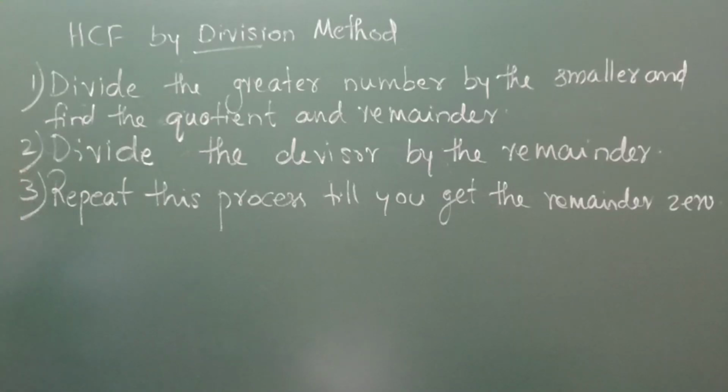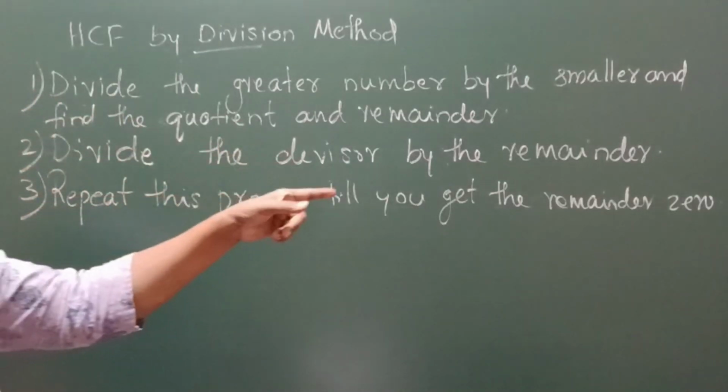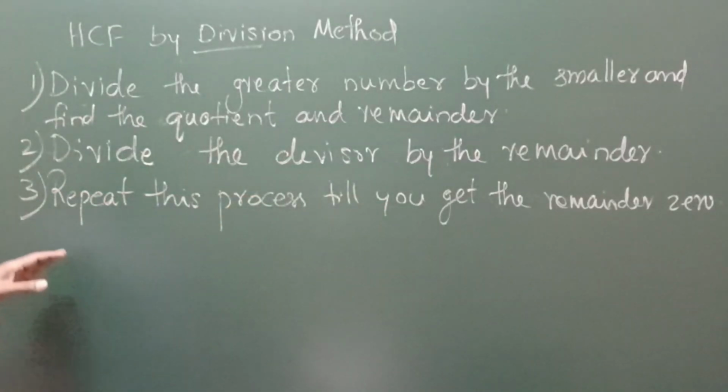Then the second step is divide the previous divisor by the remainder. And then the third step is repeat this process till you get the remainder 0. These are the three steps that you have to keep in mind when you find HCF by division method.